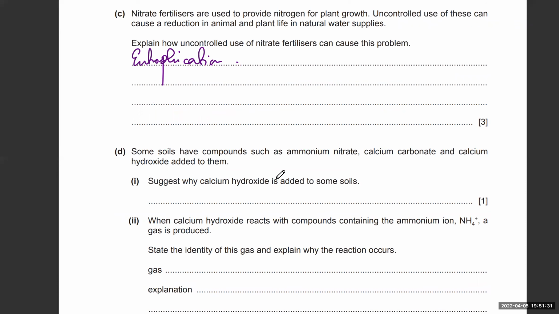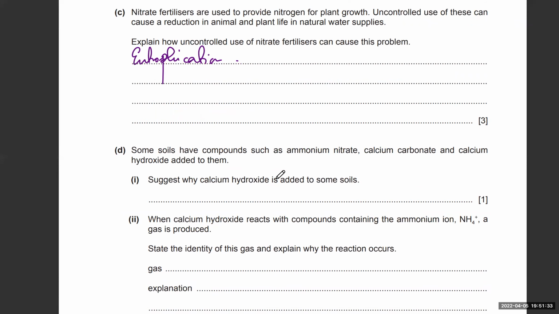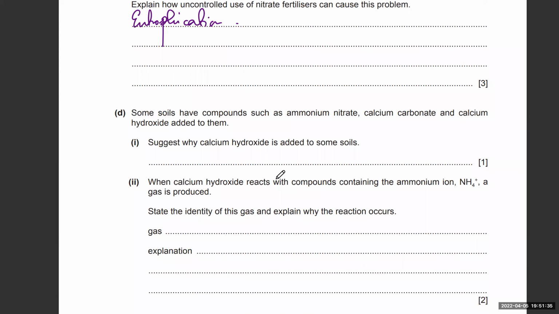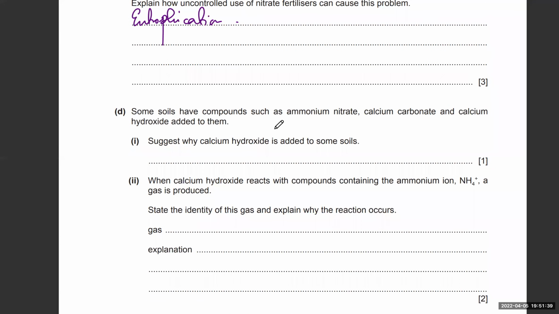Why is calcium hydroxide added to some soils? That's for reducing acidity, or increasing the pH.